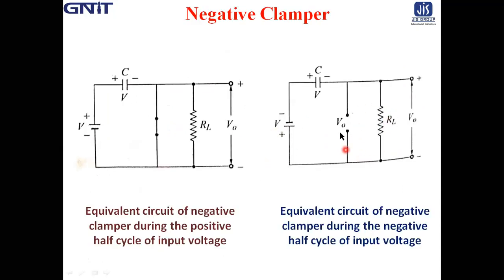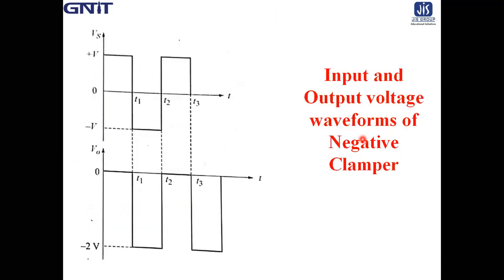The capacitor will be discharging through RL, but the discharging time constant, say τd, is much longer than the time period of the input signal. So during this period, the capacitor will remain almost fully charged, up to V volt.